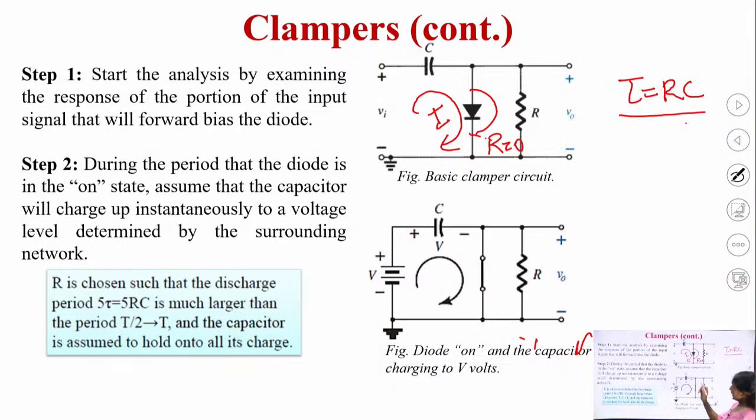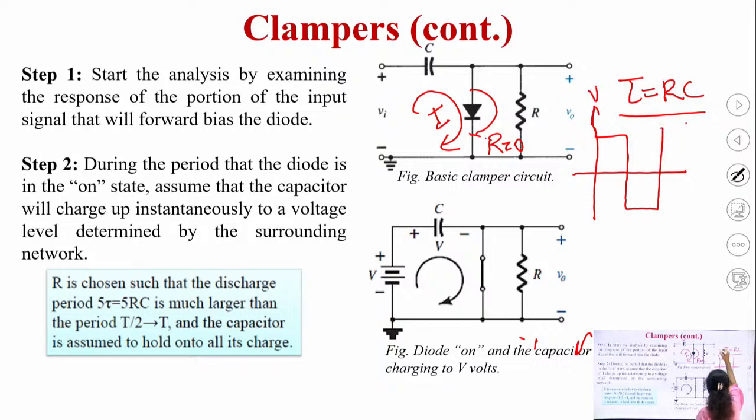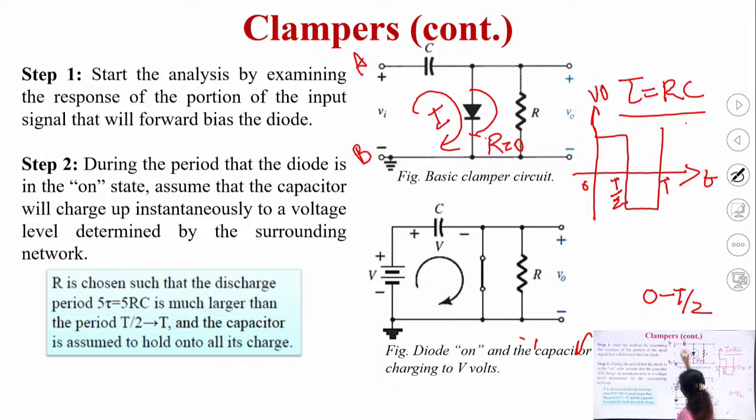Here, during the first positive half cycle, let us say the signal which we are applying is a rectangular waveform. This is your input signal, and this is the time period. Here it is 0, this is T by 2, this is T. So, during the time period 0 to T by 2, this is terminal A and this is terminal B. Terminal A will be at positive potential and B will be at negative potential.